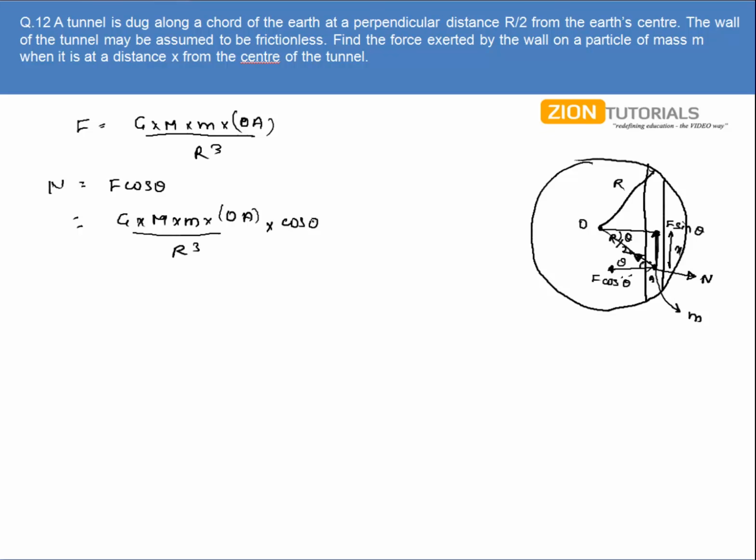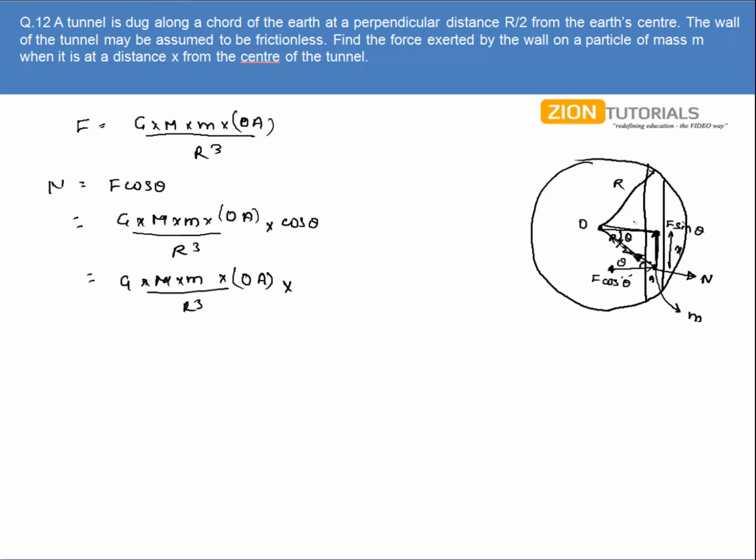Now this is my triangle. The cos theta can be written as base divided by hypotenuse. So G M m into OA divided by r cube into cos theta, where cos theta is base upon hypotenuse.